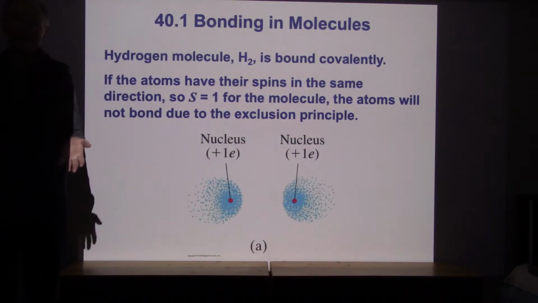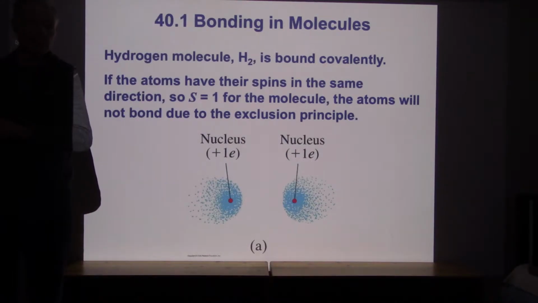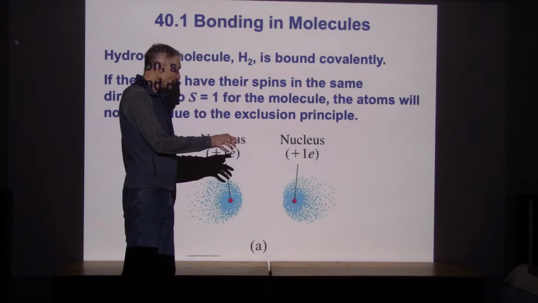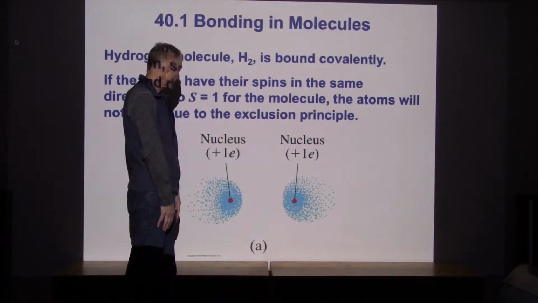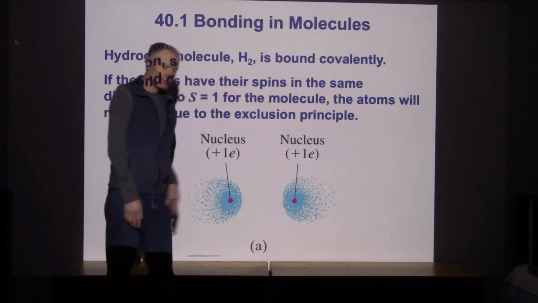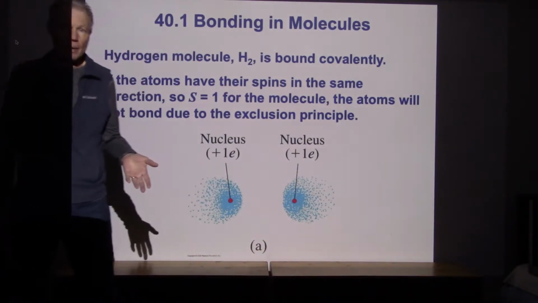So we're thinking back in terms of wave functions, which we saw for those electrons back in chapter 39. And as you bring two hydrogen atoms closer together, there are different ways that the electrons could fall into patterns around the nucleus.